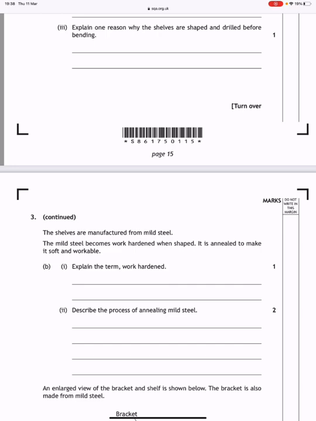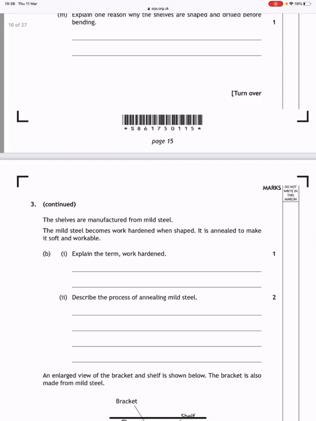Explain what is the term work hardened. Well, basically, if you're working with a metal, you're maybe filing it or rubbing it down or shaping it, it can become what's called work hardened, where the metal becomes really hard and brittle.